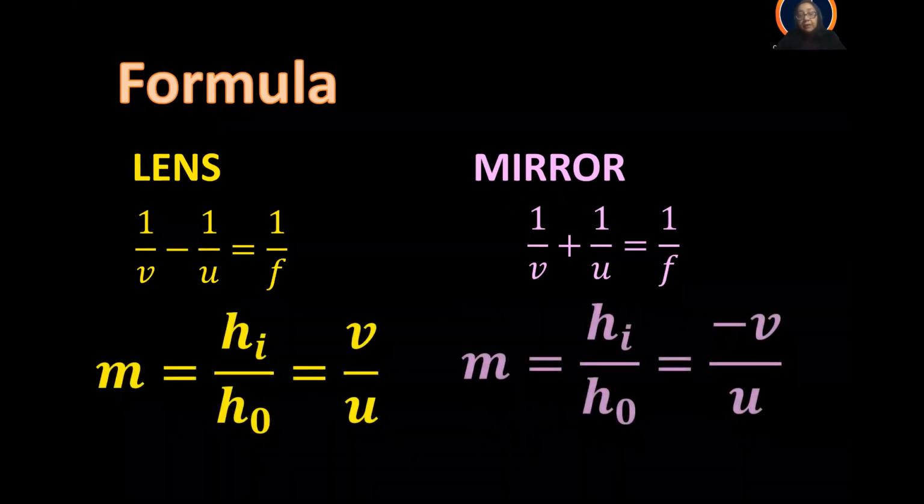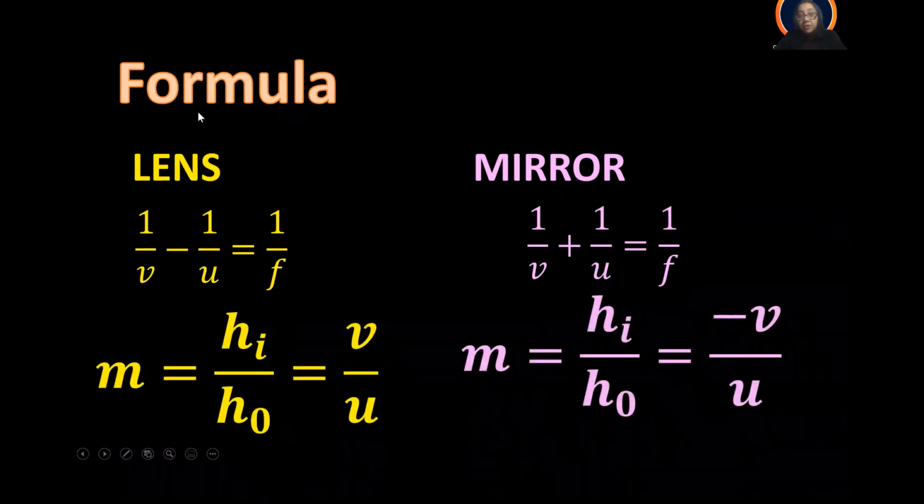Magnification for lens is positive, that is plus V by U. On the other hand, magnification of mirror is minus V by U. So just remember: for the lens formula we put minus and for magnification we put plus, and for the mirror formula we put plus and for magnification we put a minus.